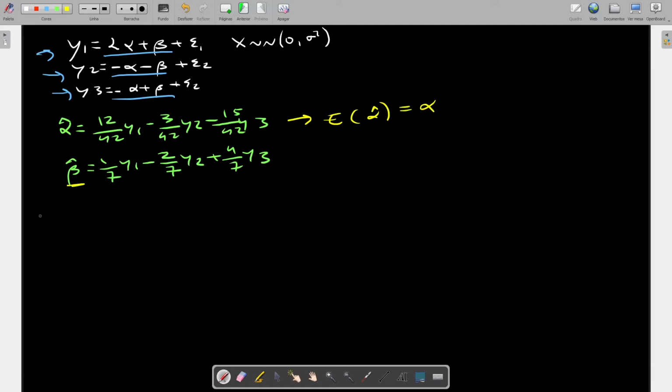Let's check for beta now. It's the same thing. We're going to ask if this estimator is in fact unbiased. So let's begin. We're going to use the first property again.